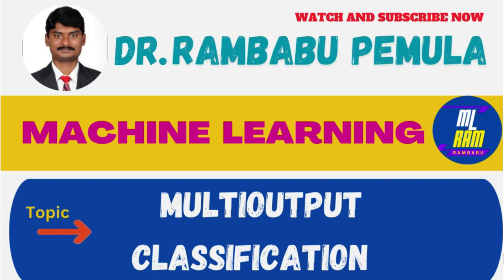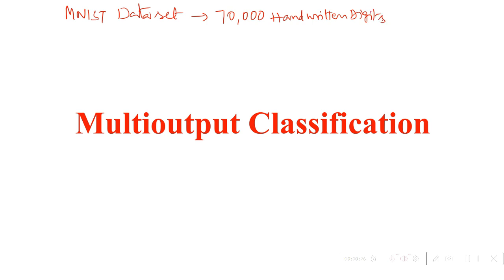In the previous video, we discussed the MNIST dataset. It contains 70,000 handwritten digit images. These are divided into two parts: one for training and one for testing.